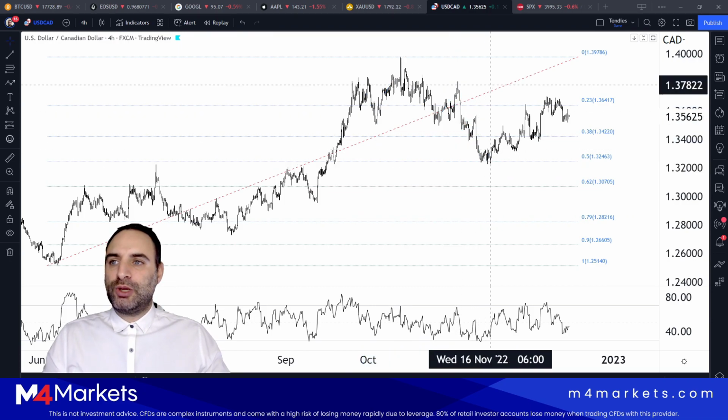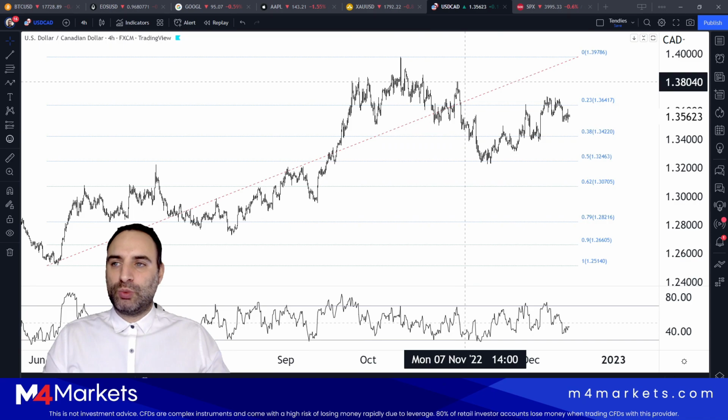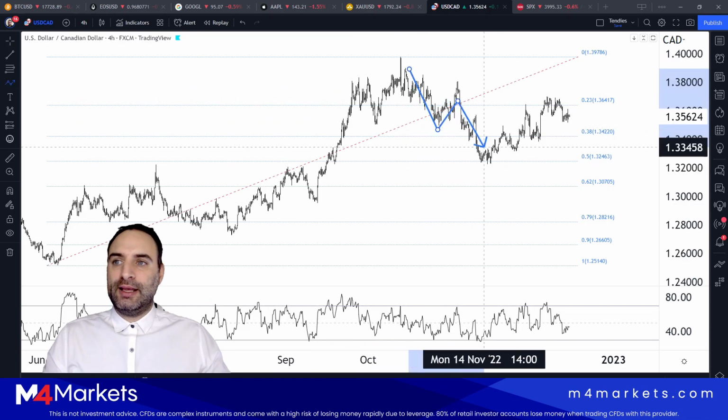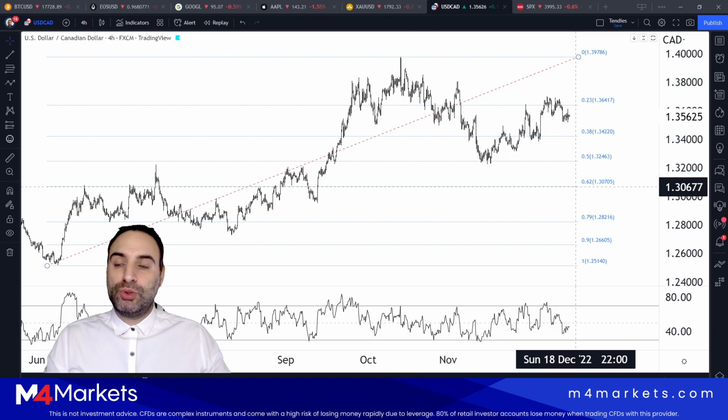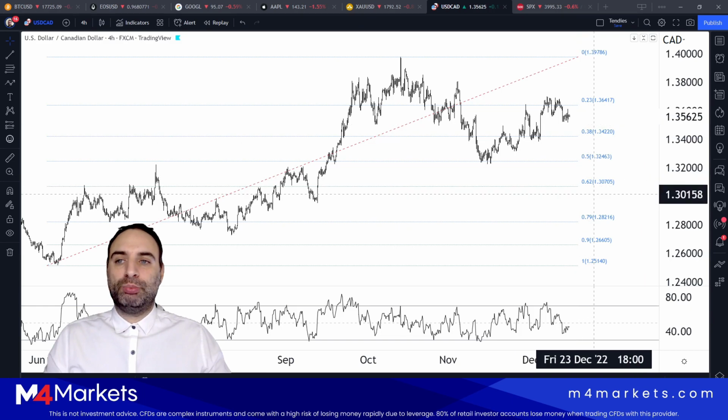As long as we are below the right shoulder, which is at 138, which is still far, we could be sliding lower to around the 161.8, because usually head and shoulders do that. They go down to the golden pocket, as we know.